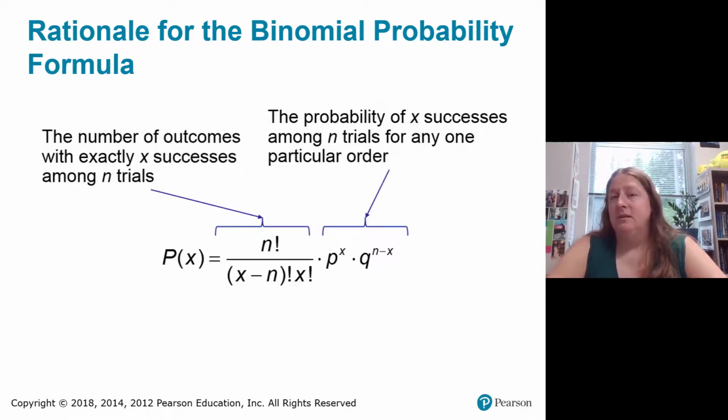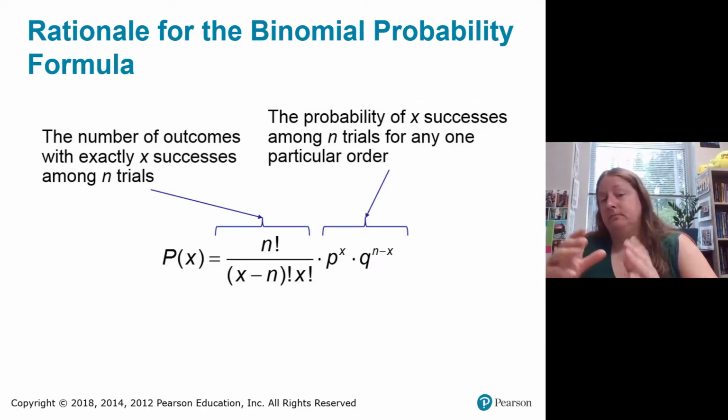So this is the probability of success and success and success, and so on until we've gotten to the number of successes, and the probability of failure, and failure, and failure, on until we've gotten all of our failures. So the multiplication rule says if I want to know the probability of the number of X successes, this is what I should do. They were independent events, so I get to just multiply and not worry about anything else.